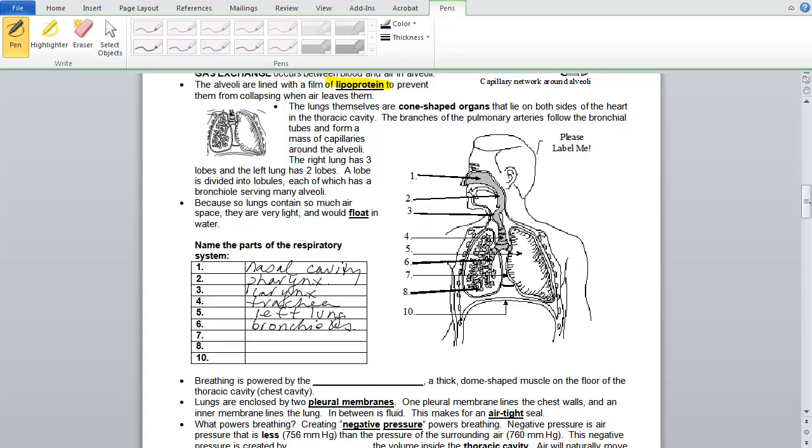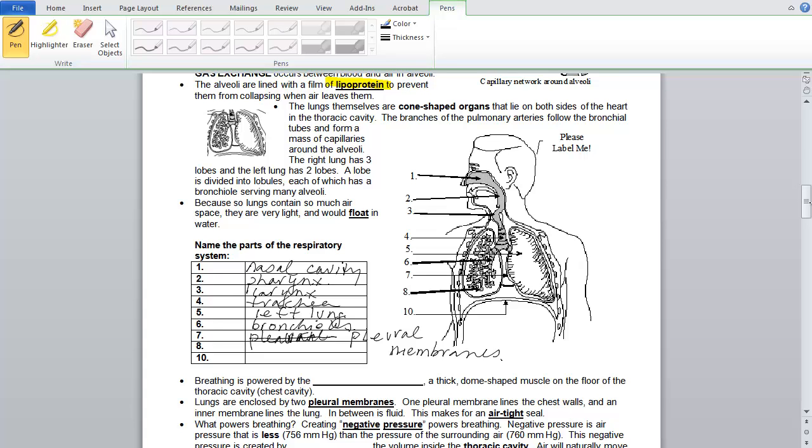Number 7, pleural membrane. These are membranes that seal the lungs.